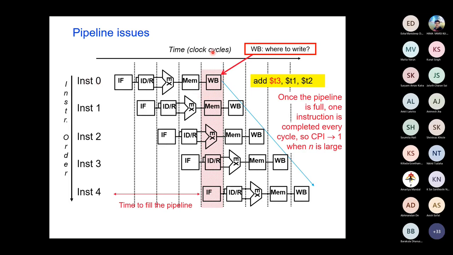So in the 5th clock cycle, you need to find out the destination register of this instruction. But this information is embedded in the instruction itself. In the 5th clock cycle, a different instruction has entered the pipeline.